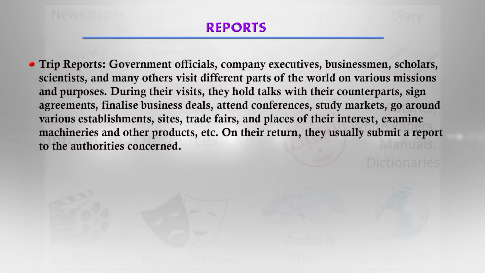On their return, they have to submit a report to their authorities. As we see, this type of report consists of new information which is gathered during that trip. So, these trip reports also come under the category of primary sources of information.